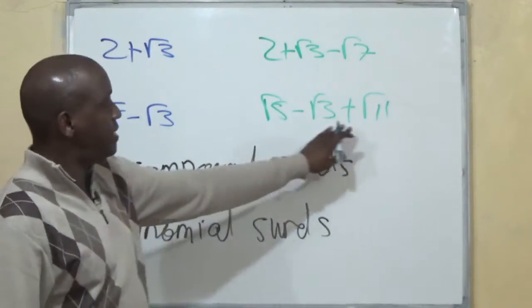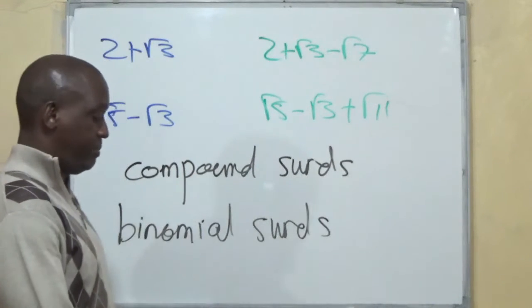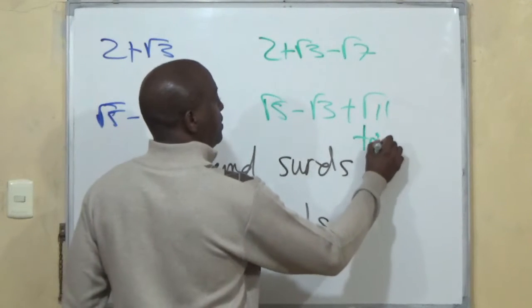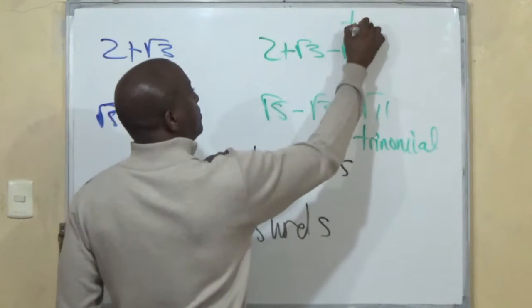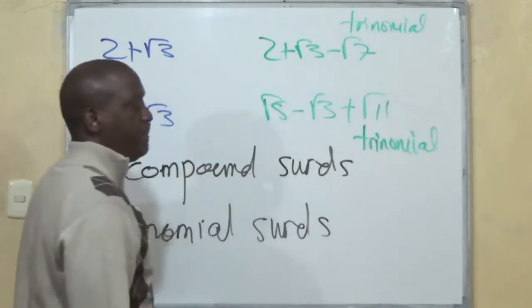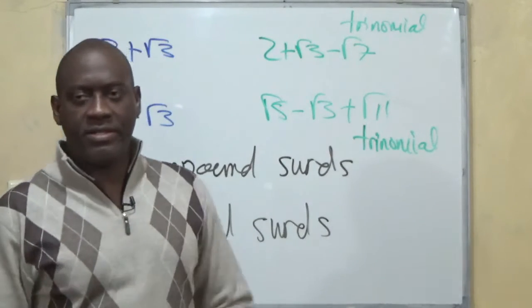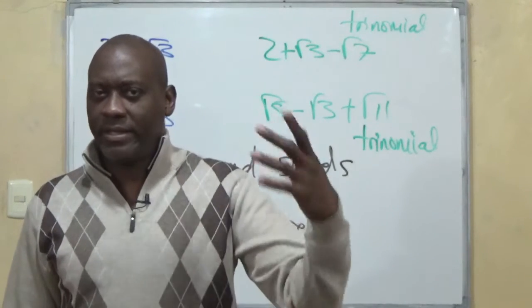But this is a trinomial. Tri, because they have three numbers. This here is a trinomial. This here is also a trinomial. So simple vocabulary, simple words and phrases that we introduce to get your thinking good.